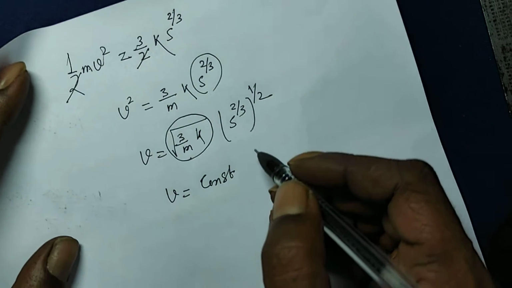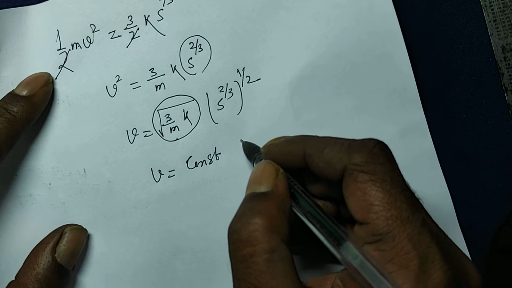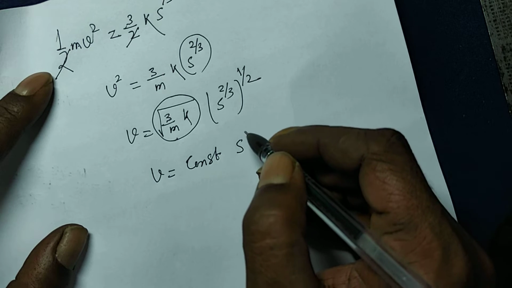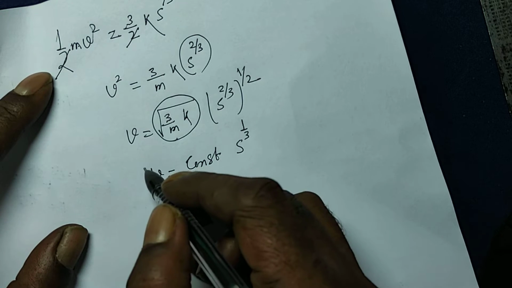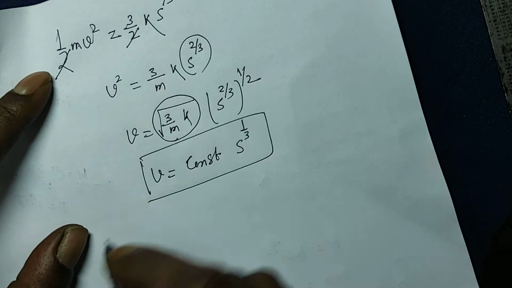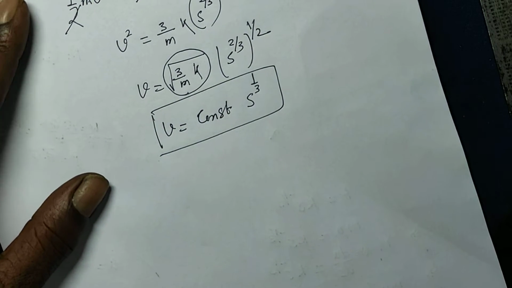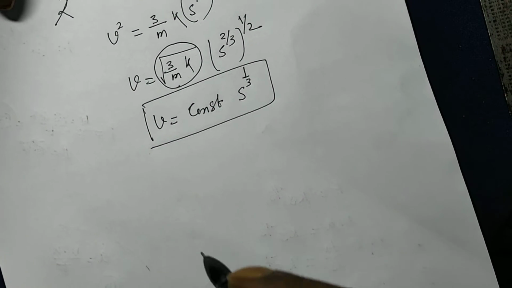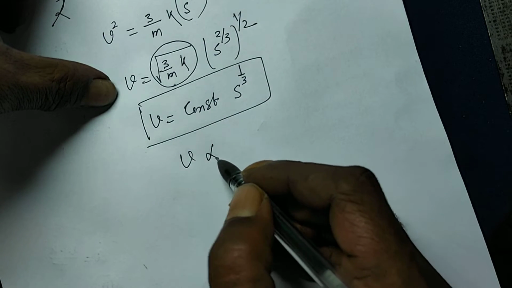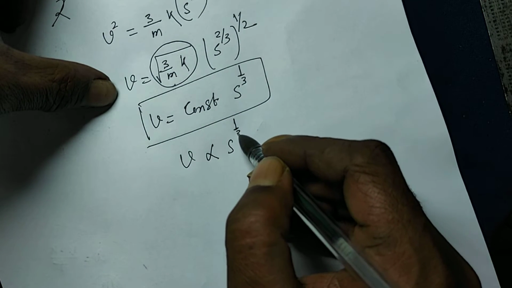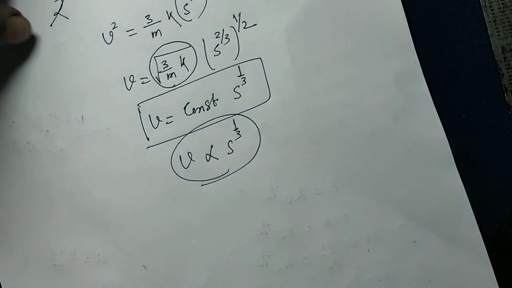And this becomes s to the power 1 over 3. So velocity is equal to some constant times s to the power 1 over 3, means velocity is proportional to s to the power 1 by 3.